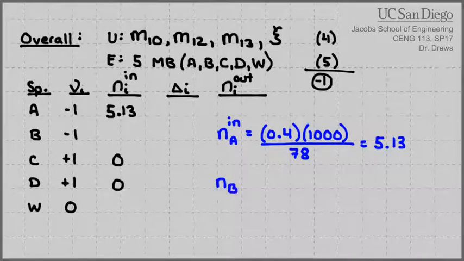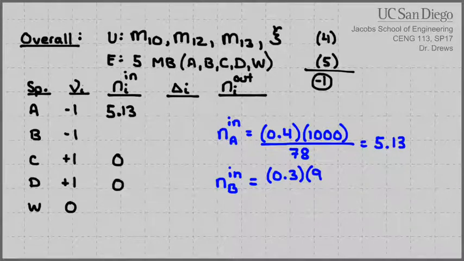Similarly, the moles of B coming in, remember this is to the system, so this would be the equivalent of fresh feed. So here we're looking at stream 2, and stream 2 consists of 30% B, and it's coming in at 1923 pounds per hour, but we took a 1 hour basis, so it's just 1923.